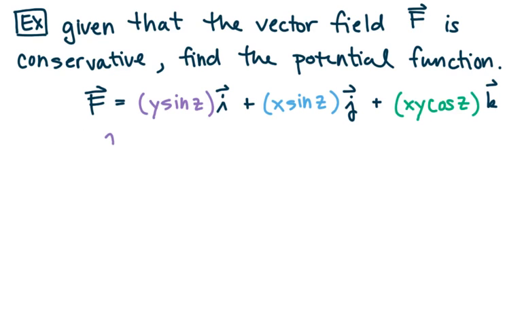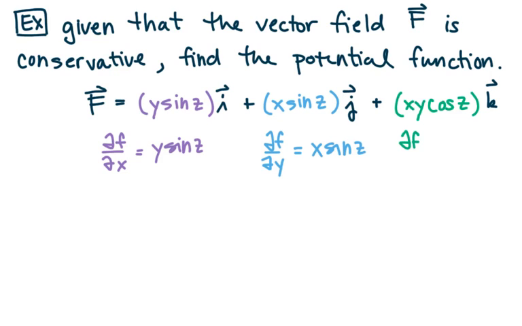Partial f with respect to x is equal to y sine z. Partial f with respect to y equals x sine z. And partial f with respect to z equals xy cosine z.